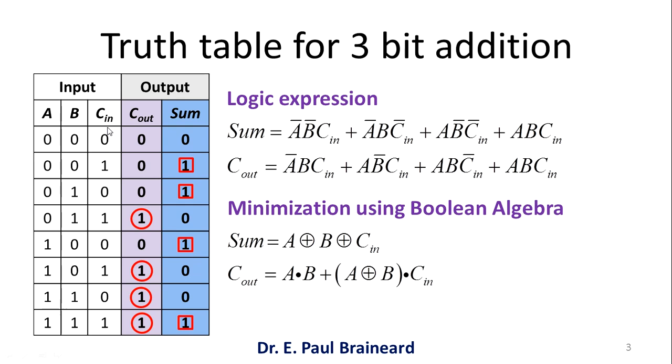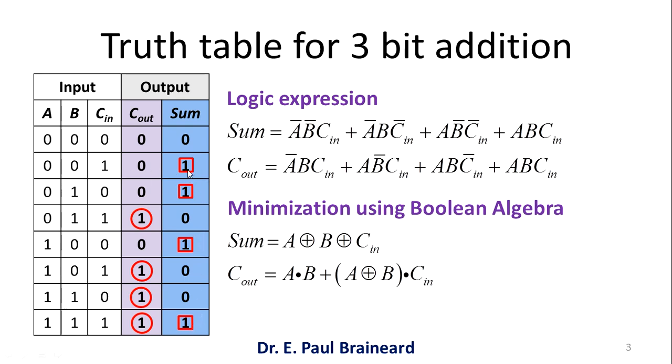Alright. Our next objective is to get the expressions for sum as well as carry output, from where we can build the logic circuits. Now, wherever we get sum as logic 1, pick those corresponding input term.